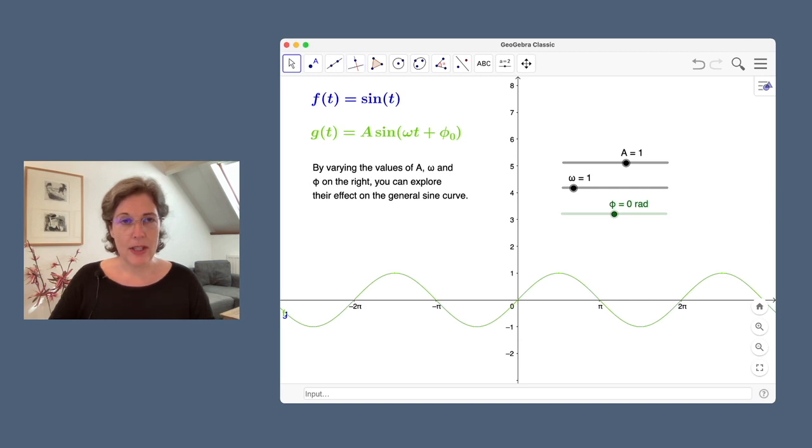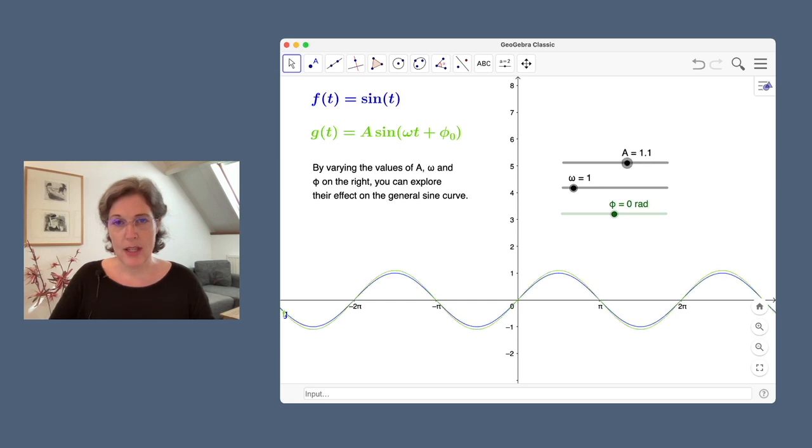So here I'm plotting two graphs. You can't actually see the blue graph because it's hidden under the yellow graph, because at the moment our g of t, which is a sine omega t plus 0, has an a of 1, an omega of 1, and we're not adding anything, so it's exactly the same as the blue graph. So let's see what happens when we increase the amplitude.